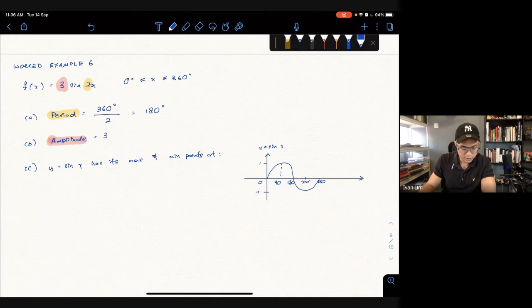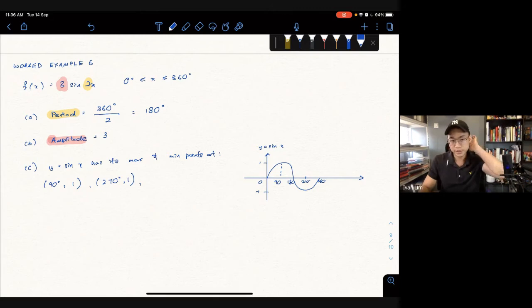We mentioned 90 degrees, 1, and 270 degrees, -1. How come they expand it to 450 degrees, 1, and 630 degrees, -1?